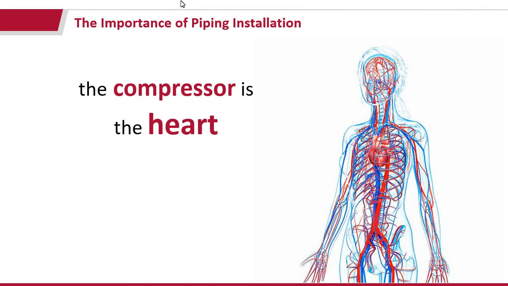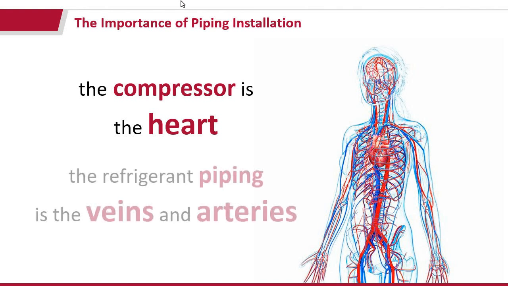And then the last note I have about this is that the compressor is basically the heart of this system. And that would make the piping the veins or arteries. And we all know that when people have a heart attack, it's usually because there's a problem in their veins or arteries. It's not their physical heart as often.